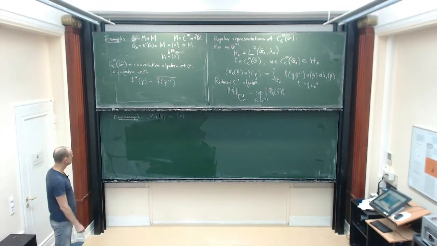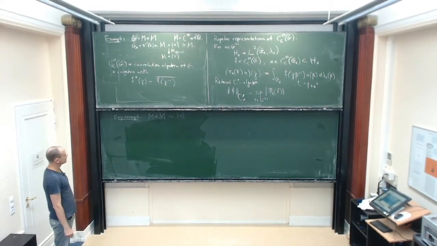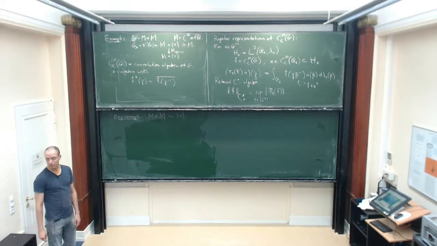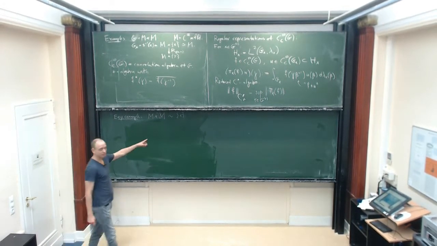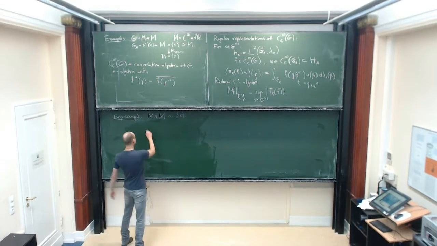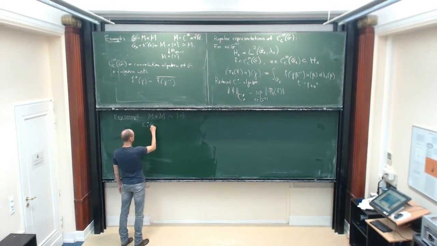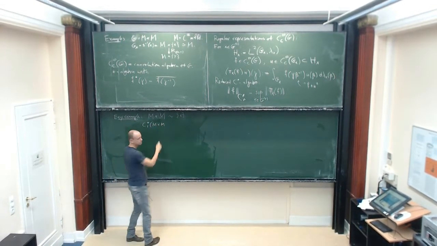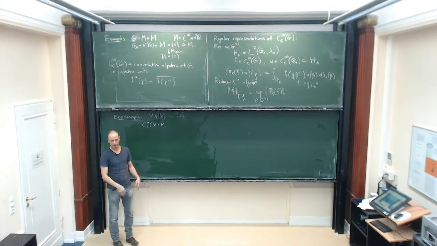Okay, so this should mean that its C-star algebra is Morita equivalent to the C-star algebra of the one element group, which is C. That's a priori. Well, sorry, after having proven the theorem.